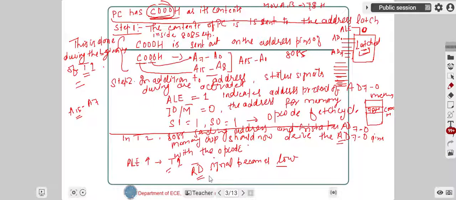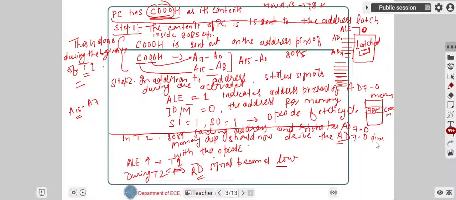So the memory read operation would be performed here during the T2 clock cycle. Getting it? So as soon as the T2 clock cycle starts, at the starting, this RD bar signal becomes 0. What it means is that it enables the memory to output the opcode after the access time of the memory chip. It enables the memory to output the opcode, so this opcode will be output through the data lines.